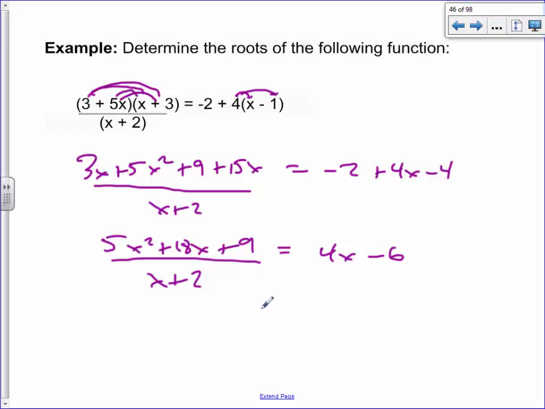So, rope analogy. First step, I foiled the crap out of this thing. There are no more brackets that need to be foiled. I combine like terms, but I still have that fraction. There's just one more knot tied inside there, right? So, how do you get rid of the bottom of a fraction? Times it up to the top of the other side. So what you're going to have is 5x squared plus 18x plus 9.